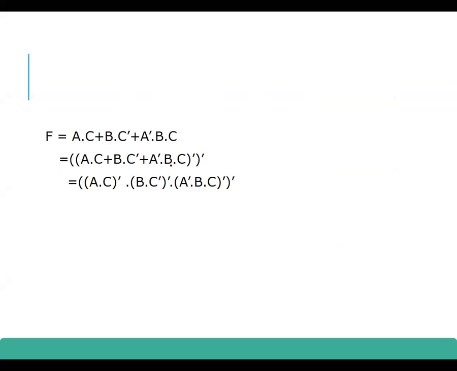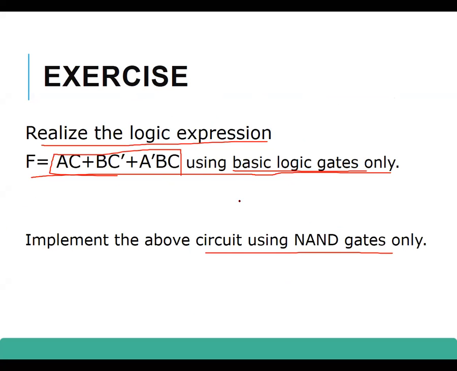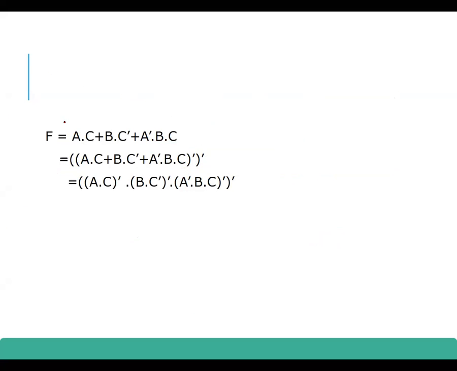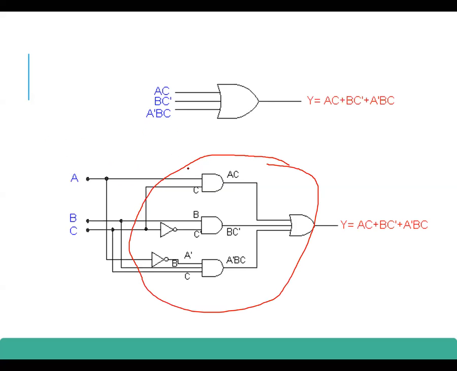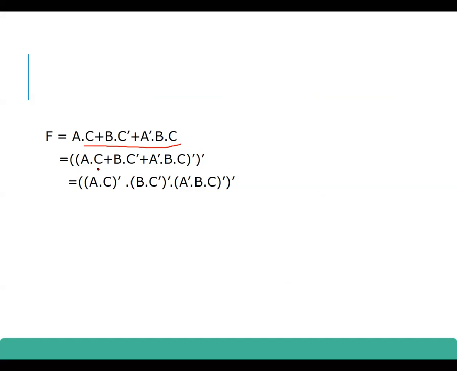And then the next question, using only NAND gates. First check whether this is in the form of sum of products. So yes, this is in the sum of products form. Our main target is to apply De Morgan's theorem, so I'm just using this, which does not change the meaning, in this form, okay?